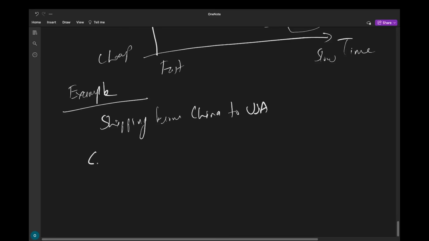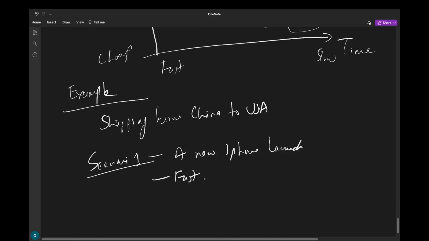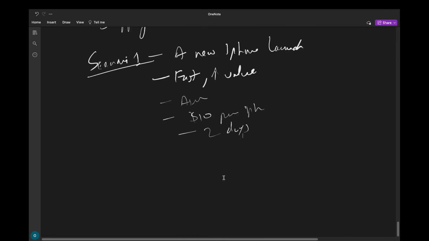Let's take scenario one: a new iPhone launch. Okay. What is the need? We need fast delivery because our product is high value. So what will we select? Air. Cost, suppose $10 per iPhone and time 2 days. So that is one scenario.